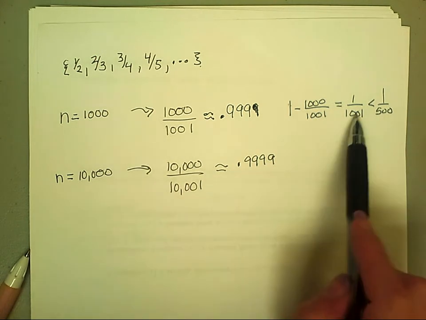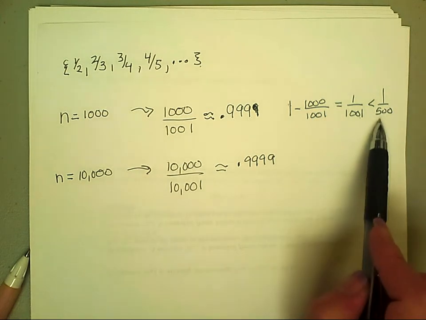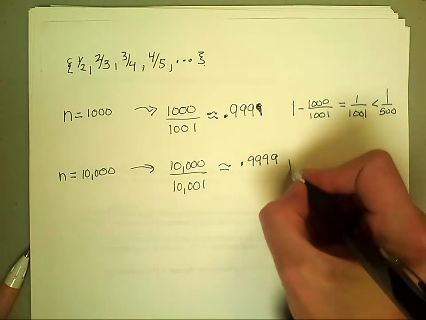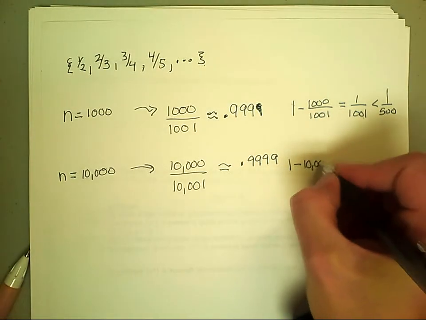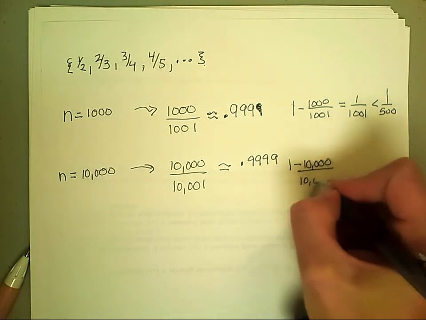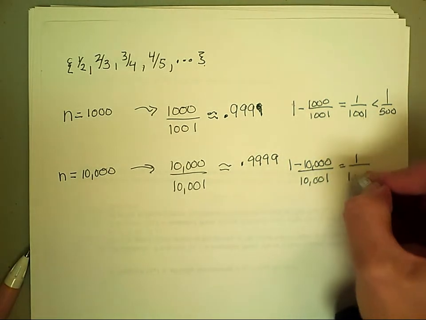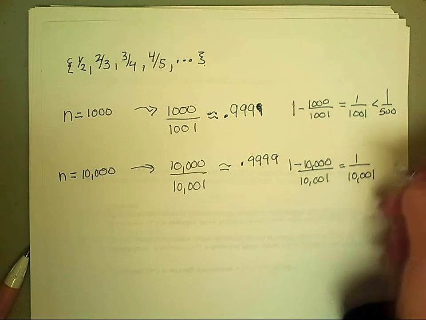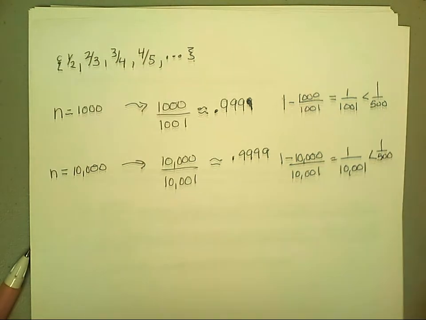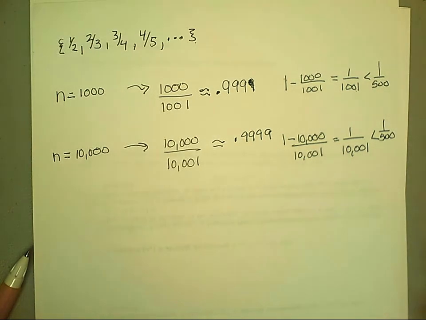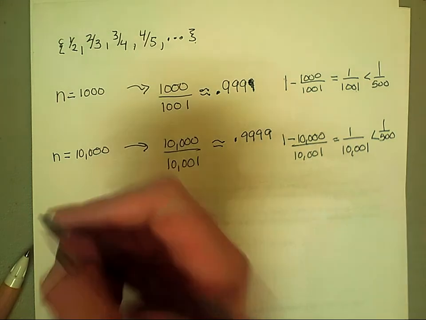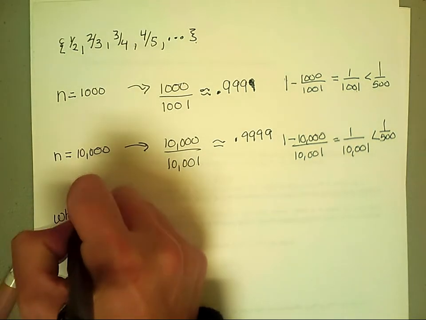Clearly at n equals 1,000, we're within 1 over 500 of the limit. The same thing goes for 10,000 over 10,001: getting the common denominator would leave us with 1 over 10,001, and again that's less than 1 over 500. So clearly we're there. All right, but what is the first term?